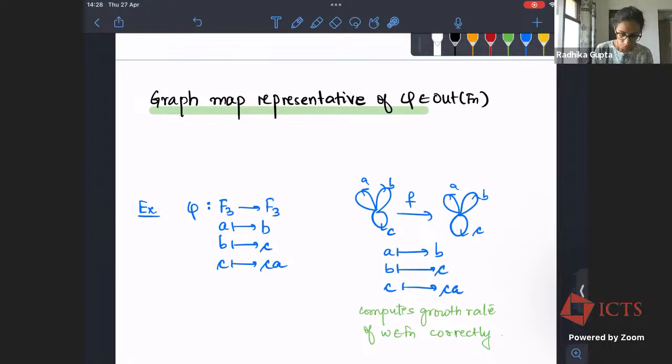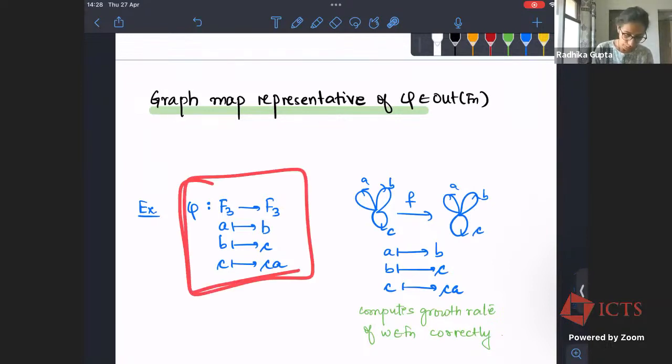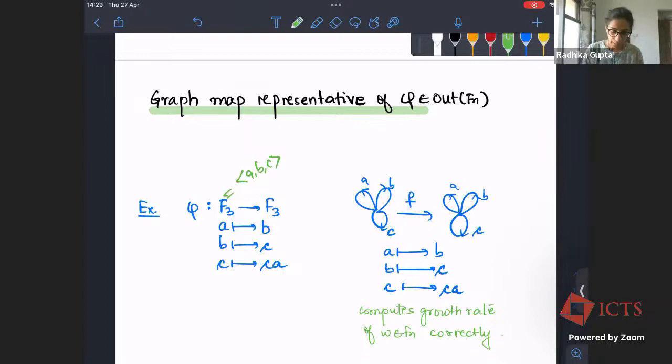So this is my free group automorphism, where F3 is generated by A, B, and C. I can think of it as a graph map where I start with this graph, a wedge of three circles, and label the edges by the generators, so the edges are labeled A, B, and C. The graph map sends the edge A to the edge B, the loop B to the loop C, and the loop C to the edge path C, A. Sorry, forget the green stuff for now.